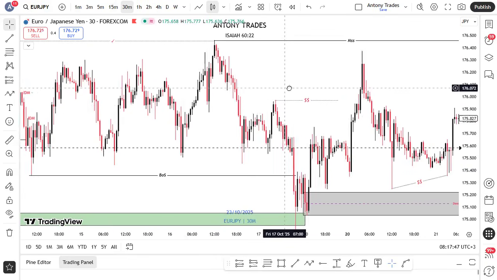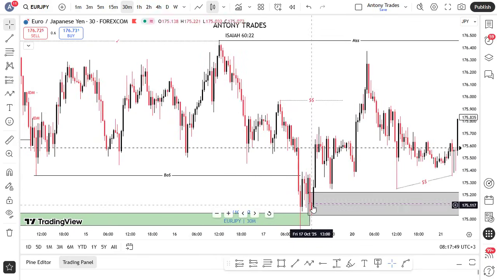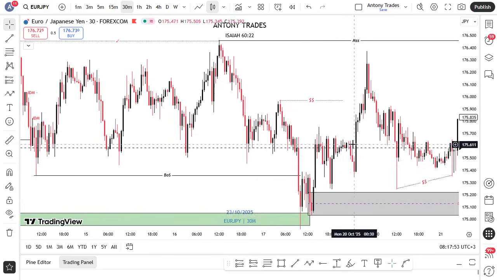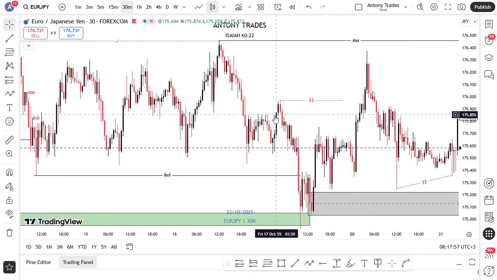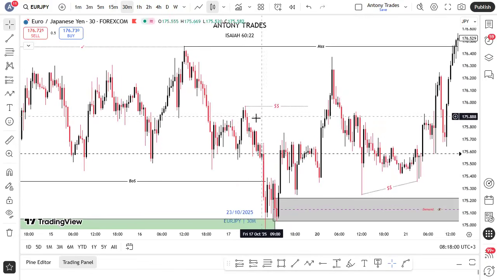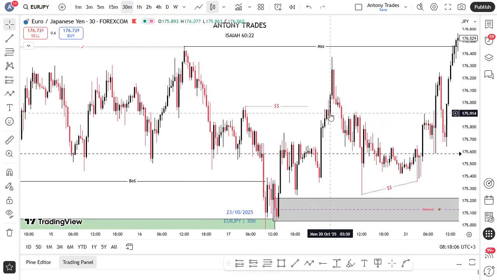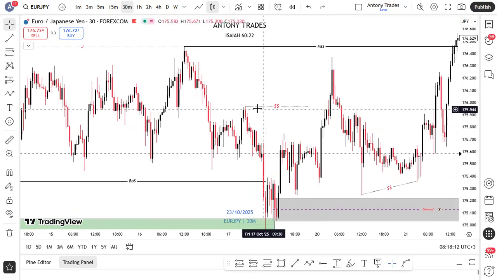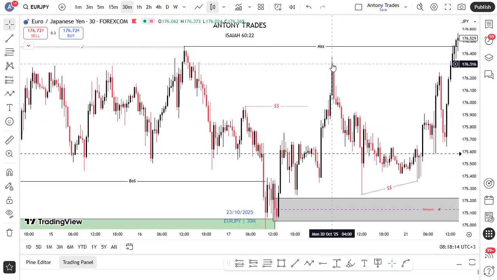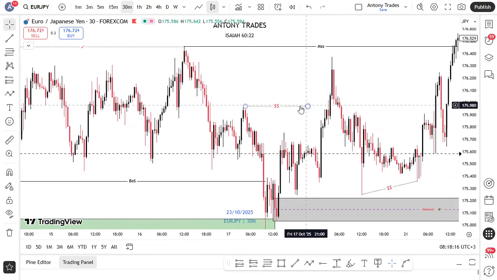So I know very well now, after this break of structure, if I start to see the market pulling back, I will not look for a setup from here. But if you are a beginner trader, you will start looking for sells from this area here. Then all of a sudden, you are left wondering, what did I do wrong? Because you find that for a few pips, the market will react, then all of a sudden, it will pierce through your order block.